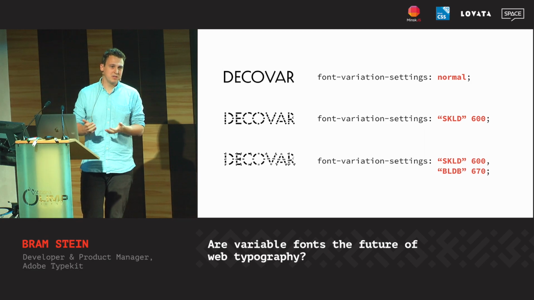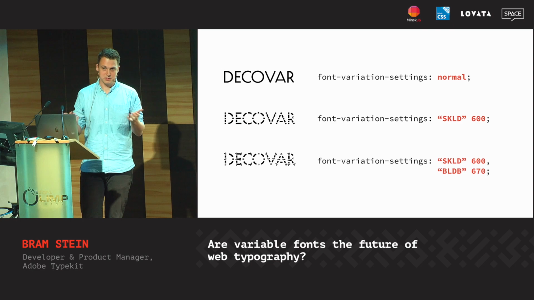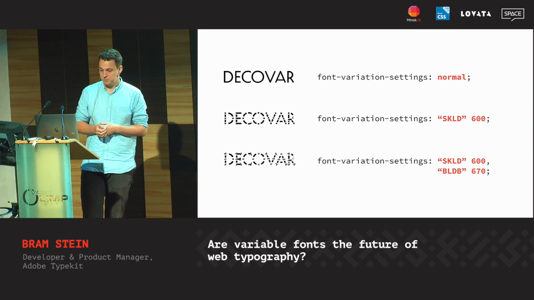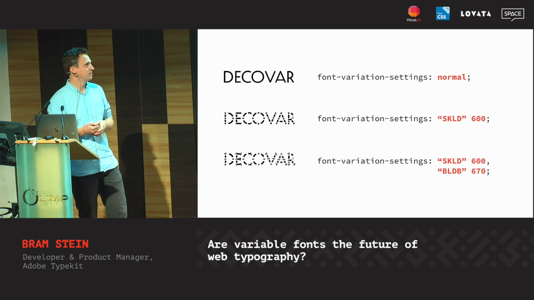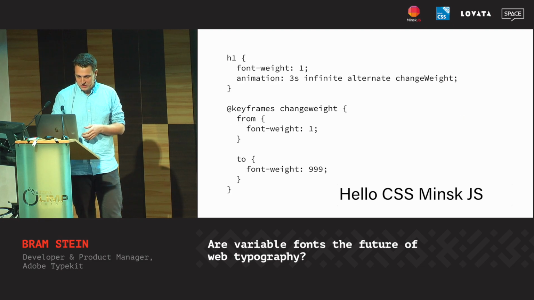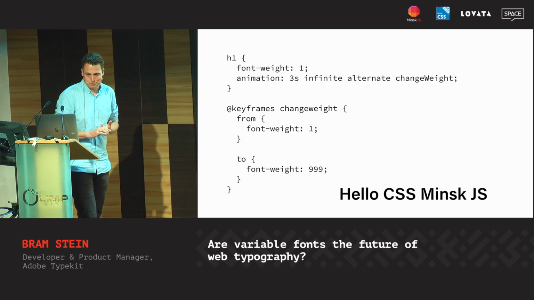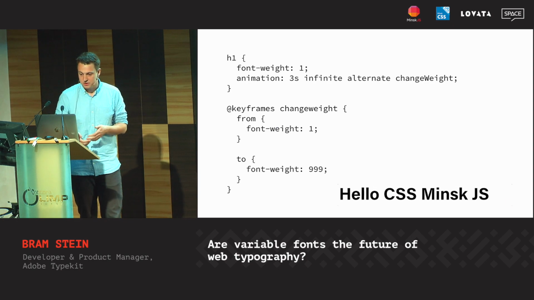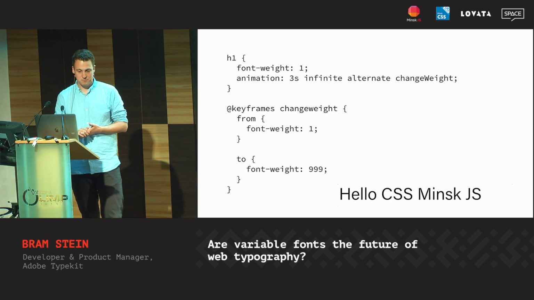And it's likely that we'll see more high-level properties for these things as design axes are standardized in the working group, which is what happened with OpenType features as well. But right now, this is all you need to access every design axis in a variable font. And I think a good thing about this is that you can use CSS animation, you can use transitions, you can use variables on any of these properties.